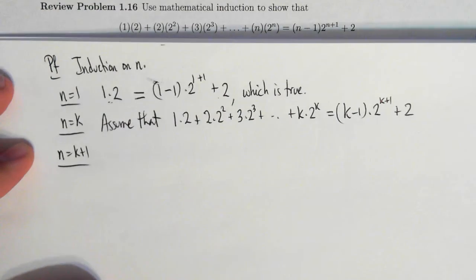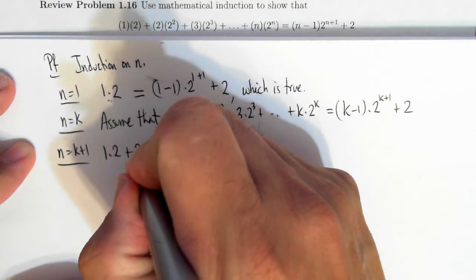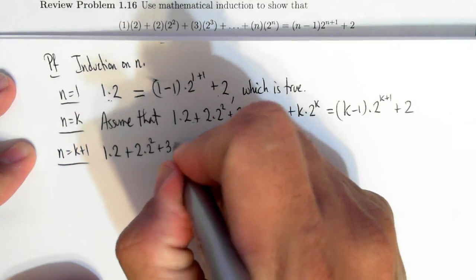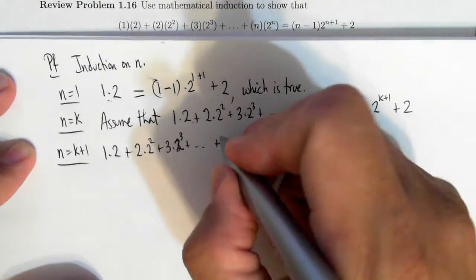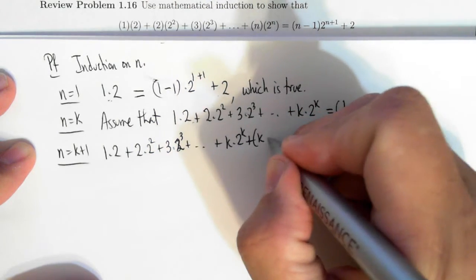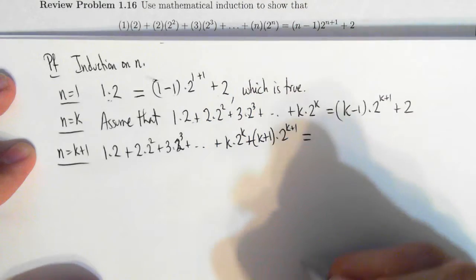Lastly, let's use n equals k plus 1. So the left-hand side is going to look an awful lot like the line that's here, up to 2 to the third. Then I have my k times 2 to the k, and then my last term will now be k plus 1 times 2 to the k plus 1.